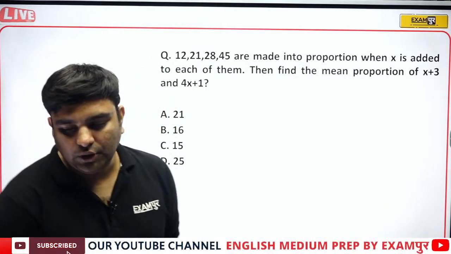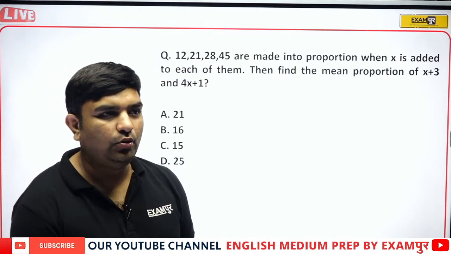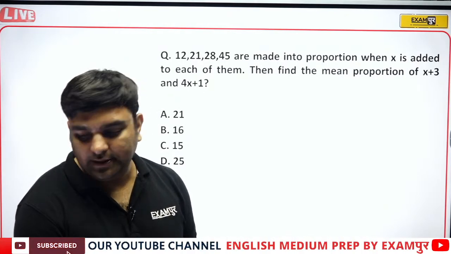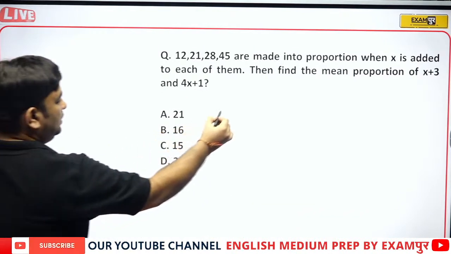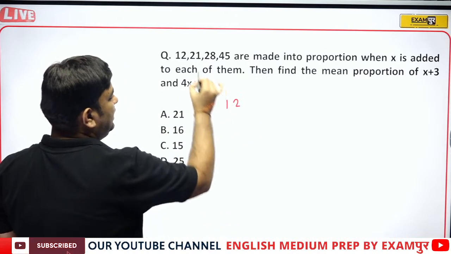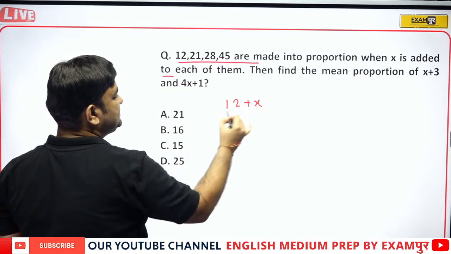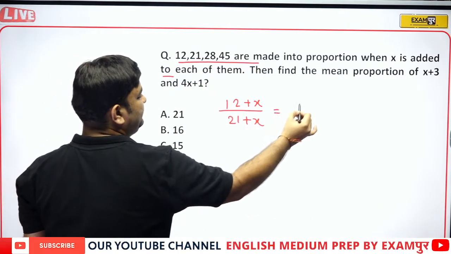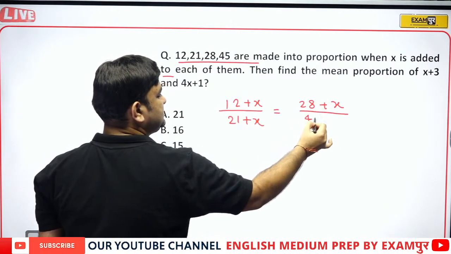Again, the question is like what we did a little while ago. 12 and 21, x is added to each. So 12 plus x, 21 plus x is in proportion with 28 plus x upon 45 plus x.